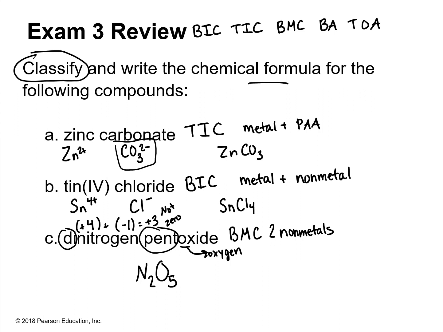Other questions, or are we good to move on? Yeah, so when we do parentheses around the polyatomic ion, that means that we need to have more than one. Here, we didn't need more than one carbonate ion, so we don't need to do parentheses.